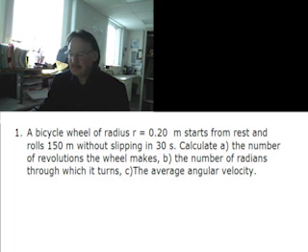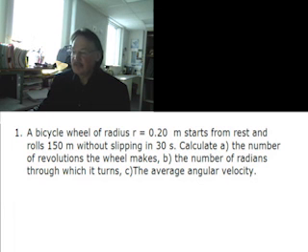Okay, when we have these sorts of conditions, rolls without slipping, that means that the distance traveled by the wheel in a straight line is related to the angle that the wheel turns through as it's rotating times the radius of the wheel. So this is a connecting formula between linear distance on the left and rotational distance on the right.